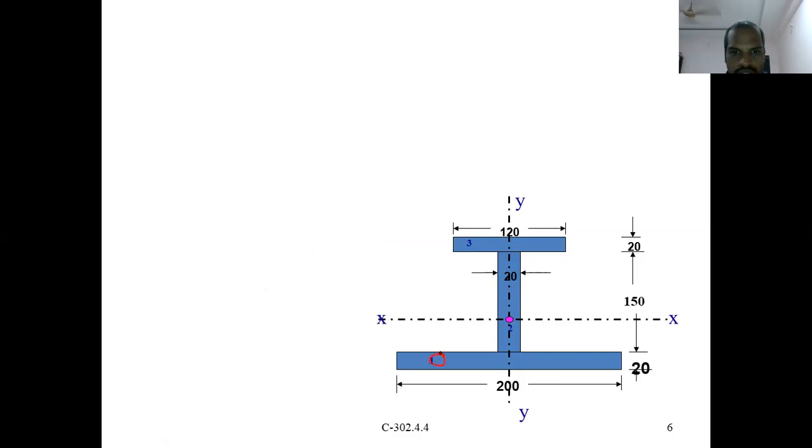This is figure 1, this is figure 2, and this is figure 3. We have first divided. Next, what are the sizes? This is 200 by 20, this is 20 by 150. Very clear sizes, no alteration needed; whatever the given sizes are, they hold good. Even after dividing, the sizes will be the same: top flange, web, and bottom flange.